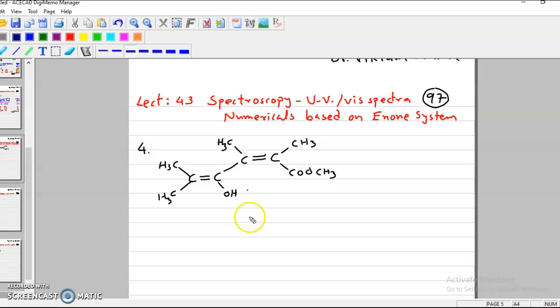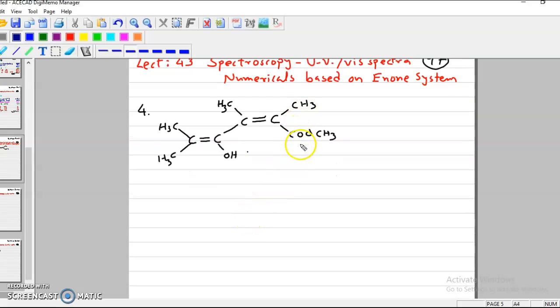In this case you can see COOCH3 group is present over here. And this group is known as ester. If you split this ester COOCH3, it will be like this.